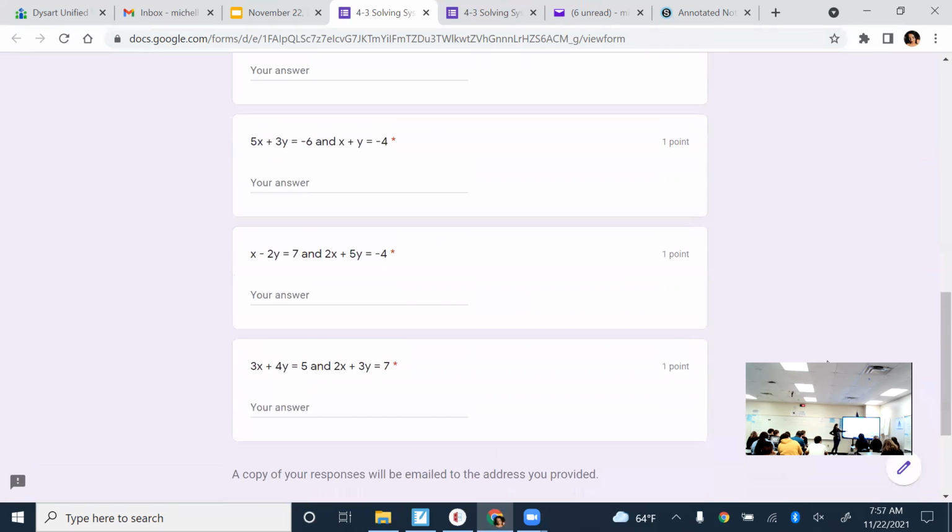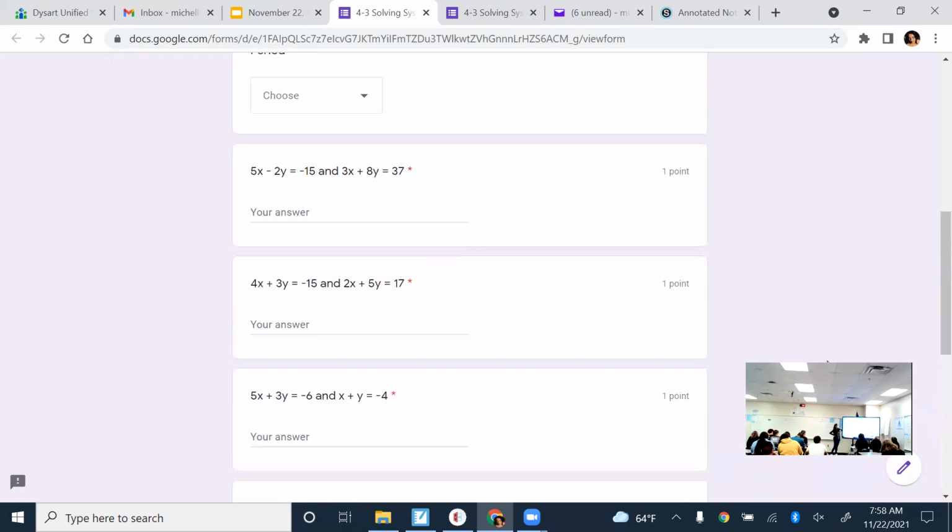There's only 5 problems, so nothing crazy, but you type your answer in, and I get to see what you type in. So if you type in something random, then I'm not going to give you the points. It still needs to look like a logical answer, not just something random so that you can get the completion grade. I look at how many you got right, and look at what you put.